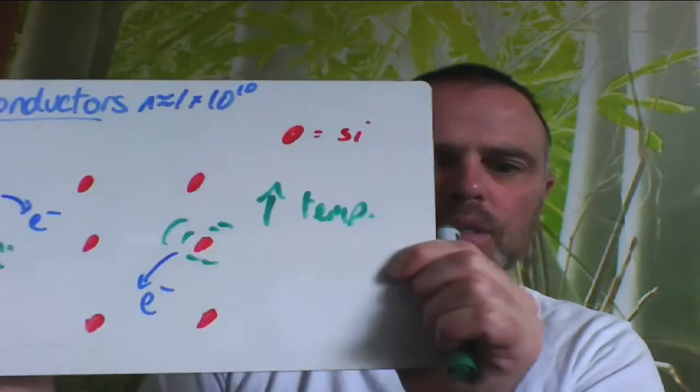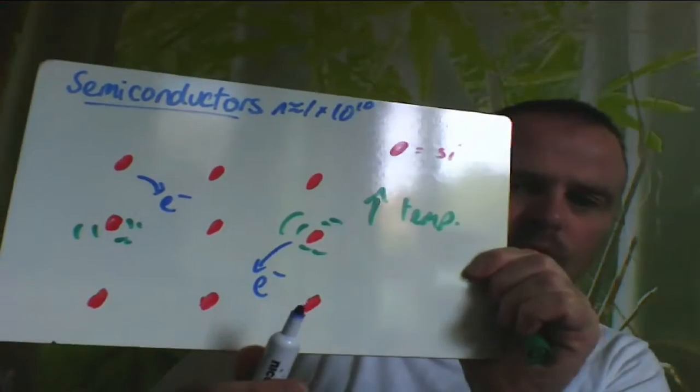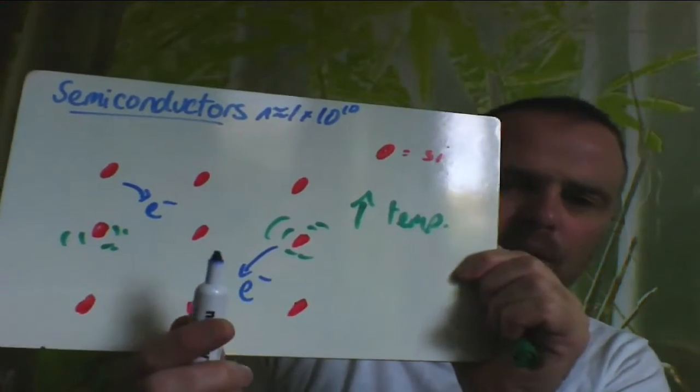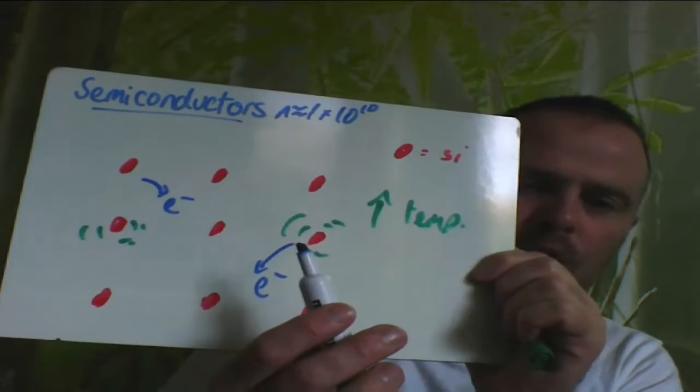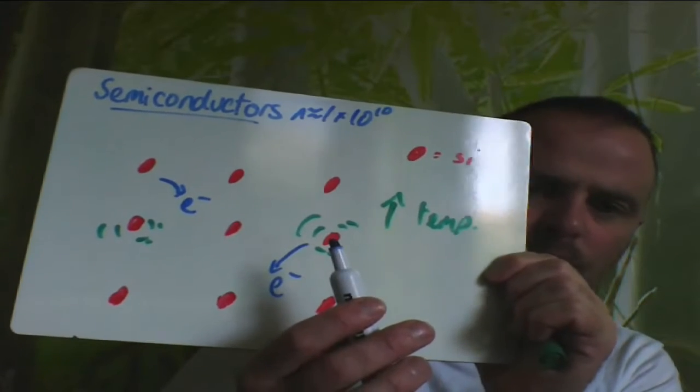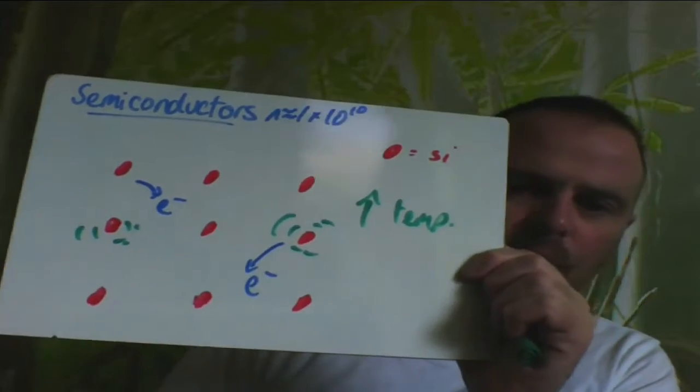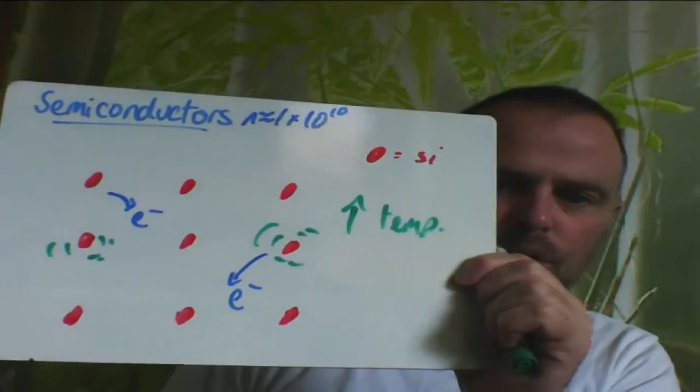So let's have them starting to vibrate more as temperature increases. So here we have a charge carrier that has been freed up because it has been shaken loose from the silicon atom here by vibrations caused by increase in temperature.